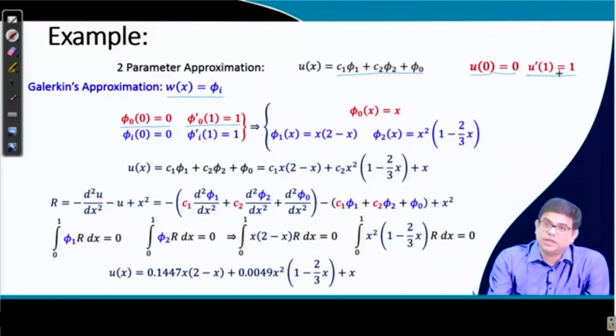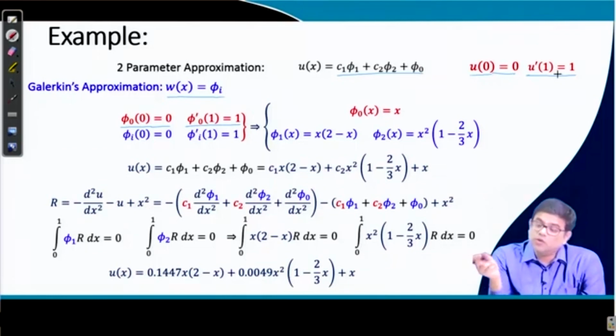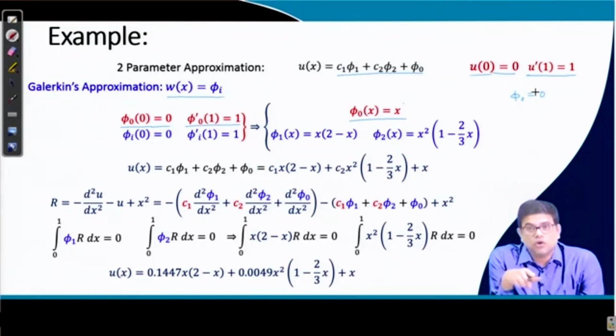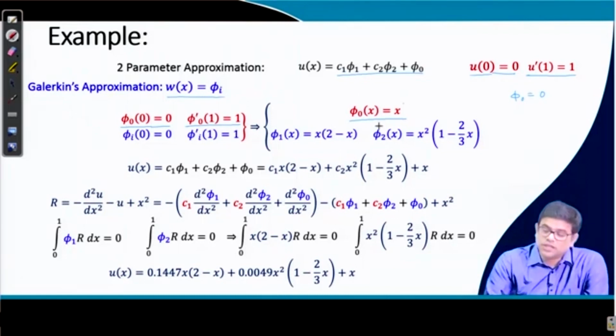So the first derivative of phi 0 with respect to x has to be 1 at x equals 1. So this condition is satisfied through this. So phi 0 of x is now my x, whereas the phi 0 we used for the Rayleigh-Ritz method was 0. So the first thing you notice is that phi 0 changed here.